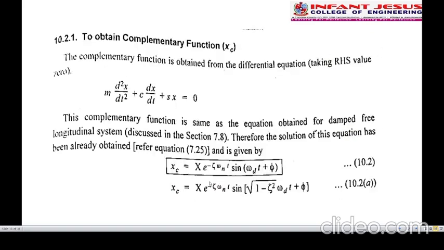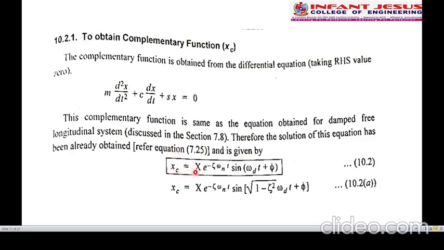So first we find the complementary function. To find the complementary function, first we have to take this part alone. We consider the RHS term as 0 and take the LHS alone. We have already seen this derivation in the previous free longitudinal vibration system, so the same answer can be used here.